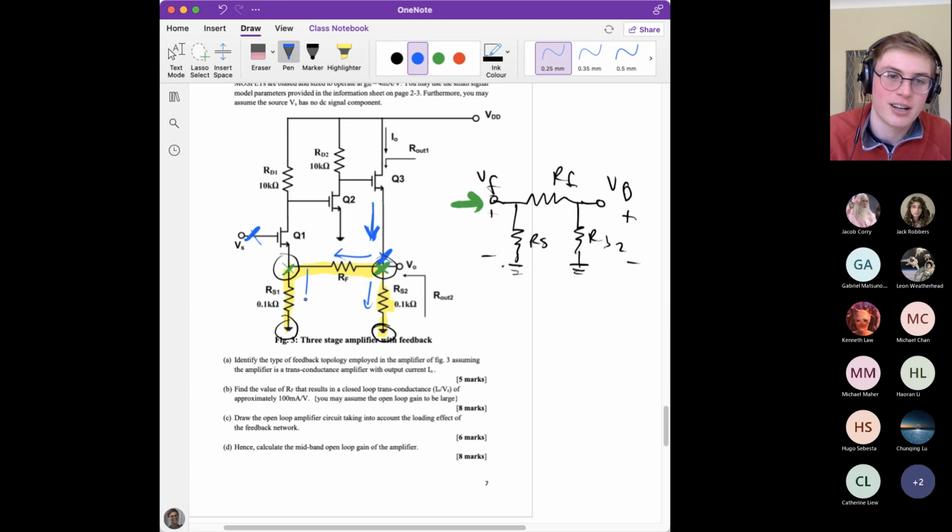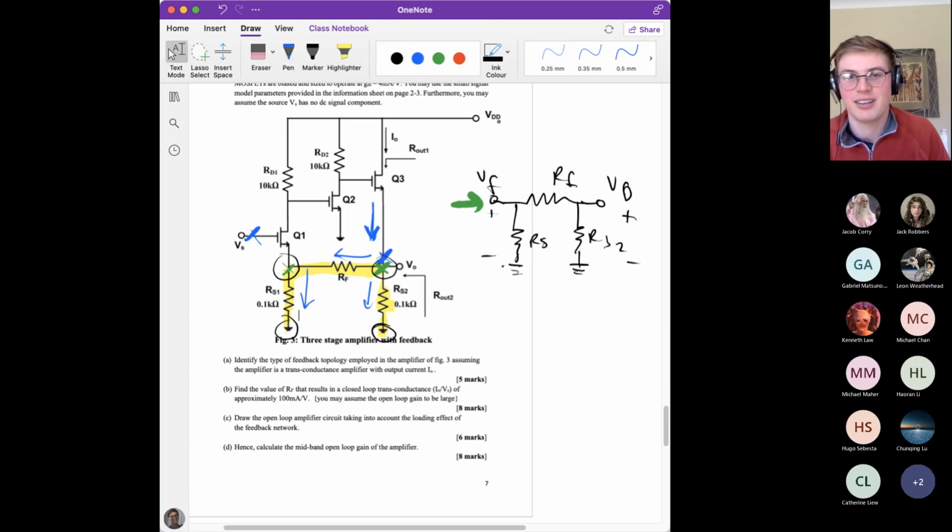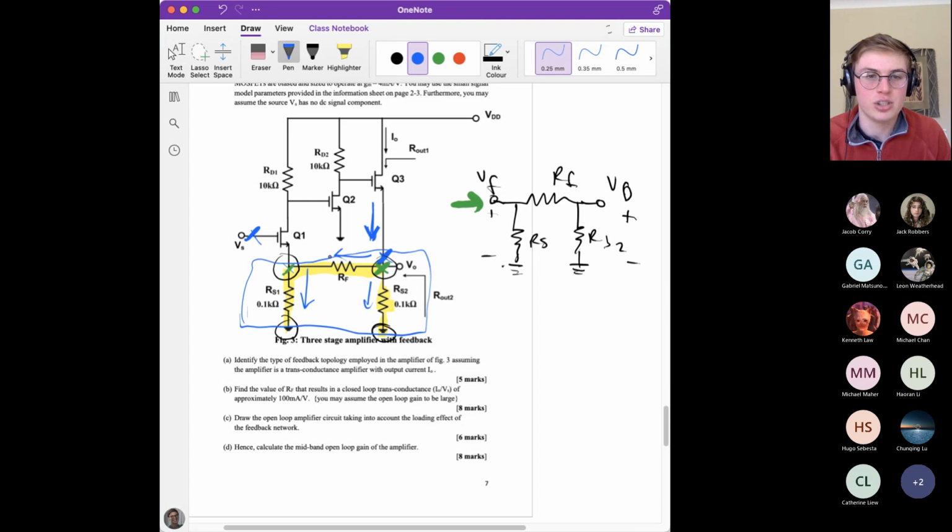This current's going to go like that, and that's our feedback. I think if you want to, you could probably delve more into it. I don't want to make promises, but usually it's quite obvious what falls under that.